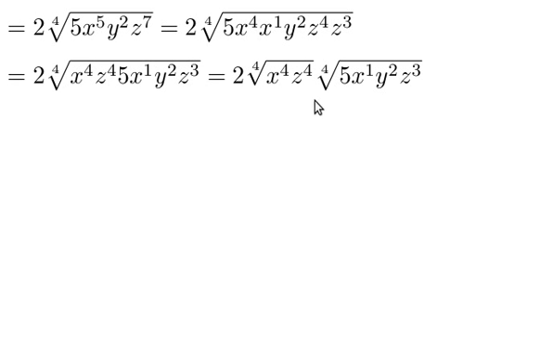So now I just use the same rule that we talked about before, the product rule for radicals. So what's going to be the 4th root of x to the 4th, z to the 4th?